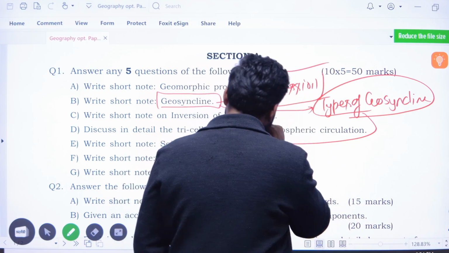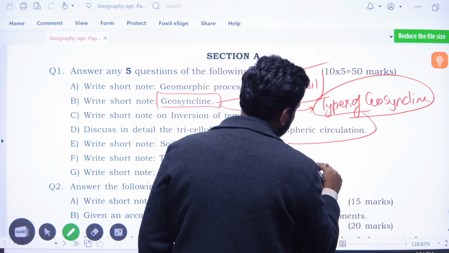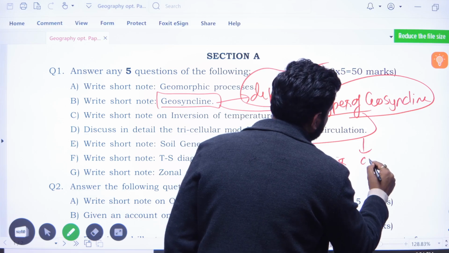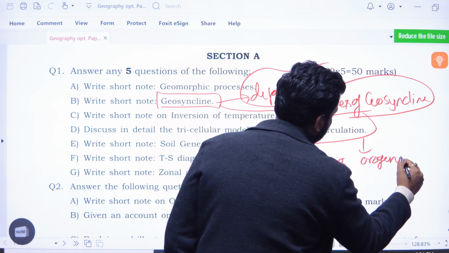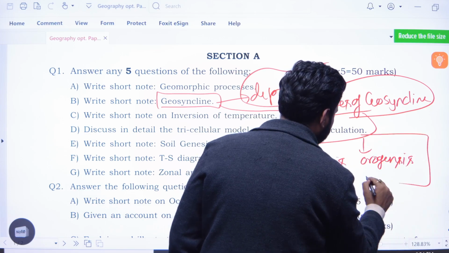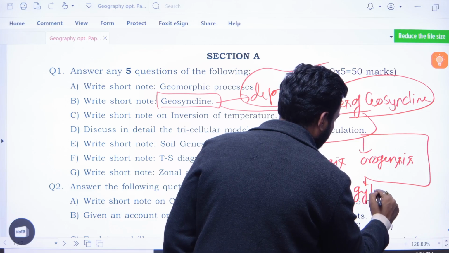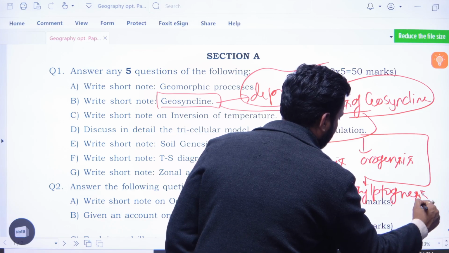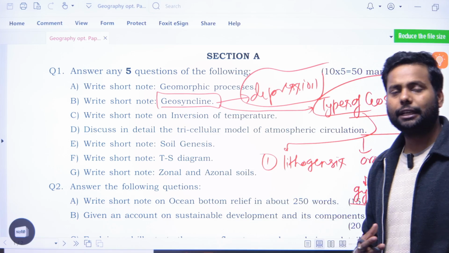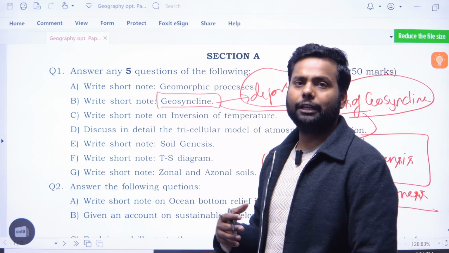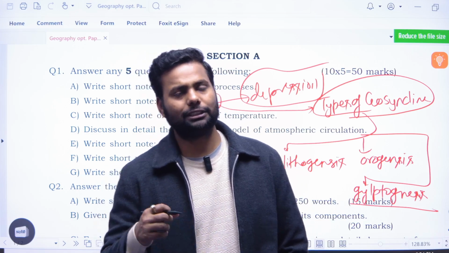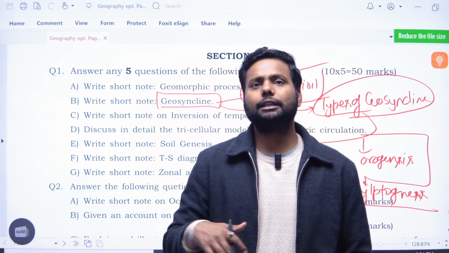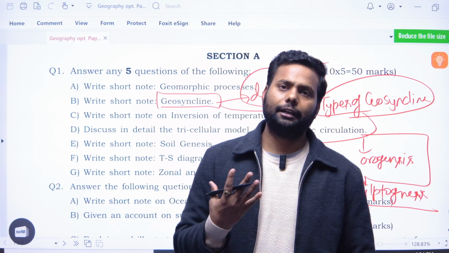The first type of geosyncline process is lithogenesis. You have to mention orogenesis and the process of glyptogenesis. Lithogenesis is the process when the mountains are eroded, or the exogenetic agents erode the continental part and fill the narrow and elongated shallow depression.